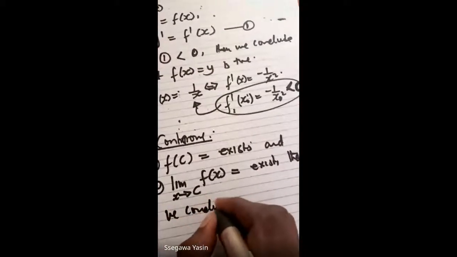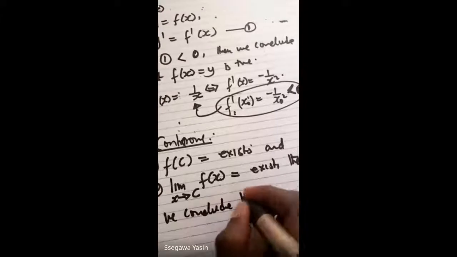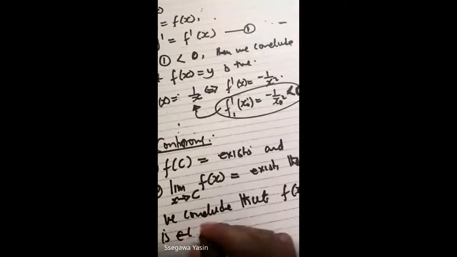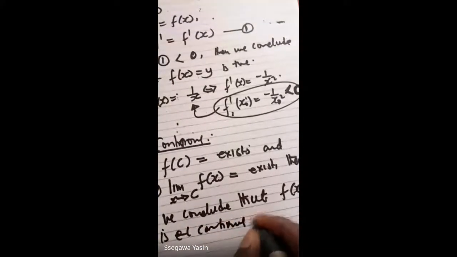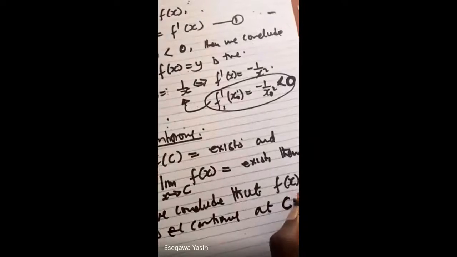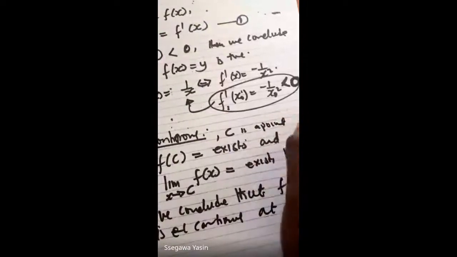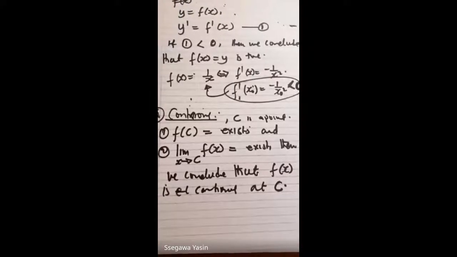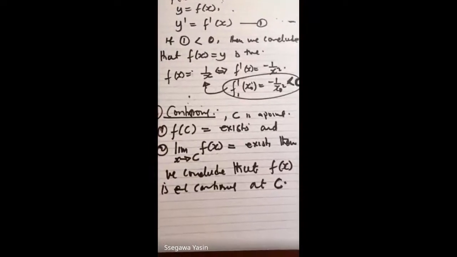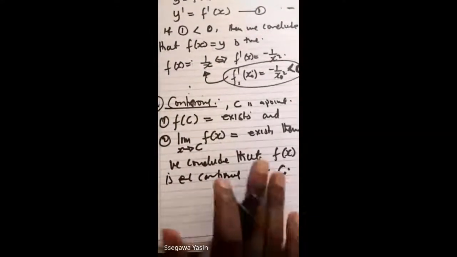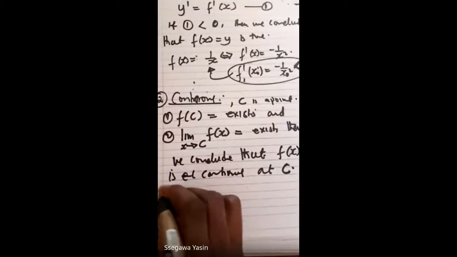Then we conclude that the function f of x is continuous at c, where c is a point. But generally, this is what we are going to be using.